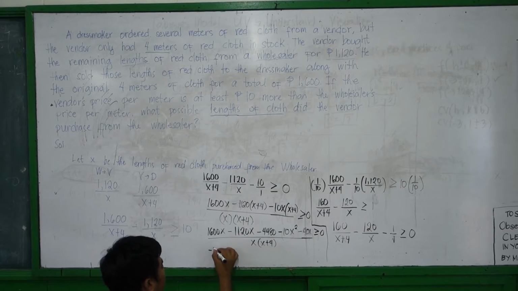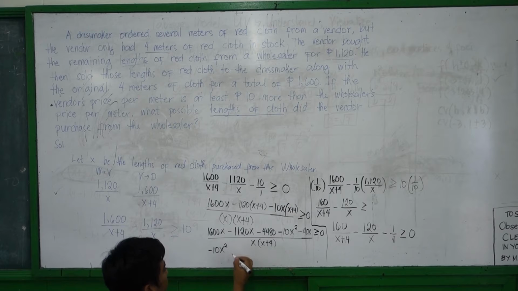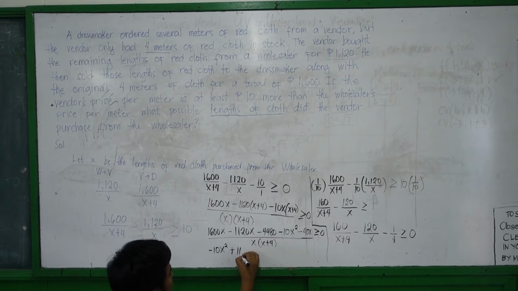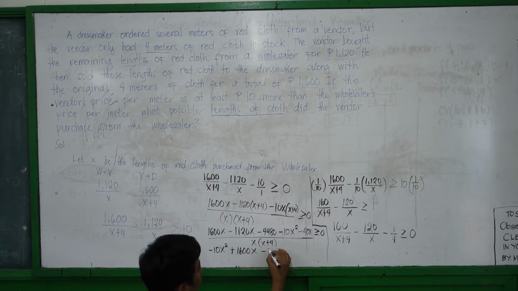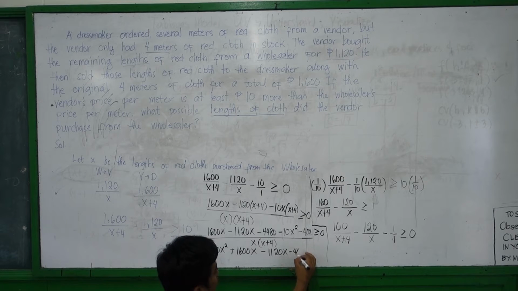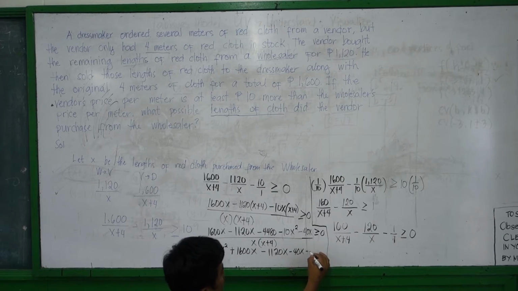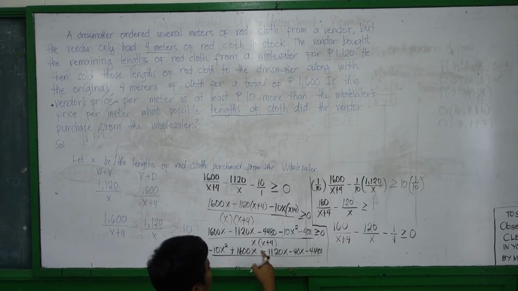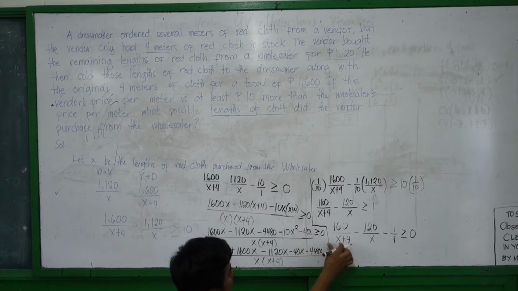So meaning negative 10x squared plus 1,600x minus 1,120x minus 40x minus 4,480 all over copy x plus 4. Diba? Okay, this is greater than or equal to 0.